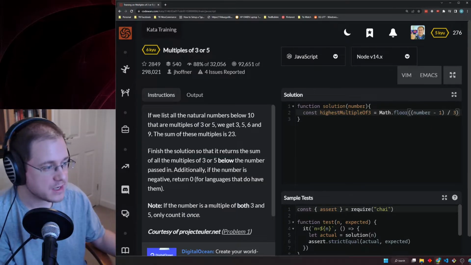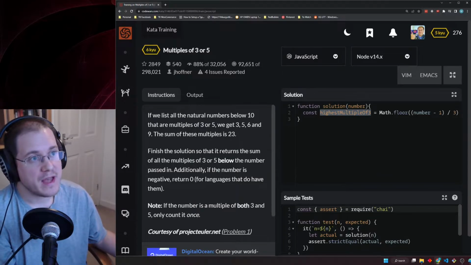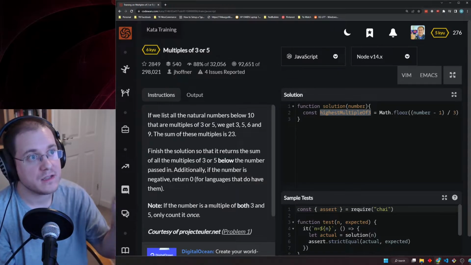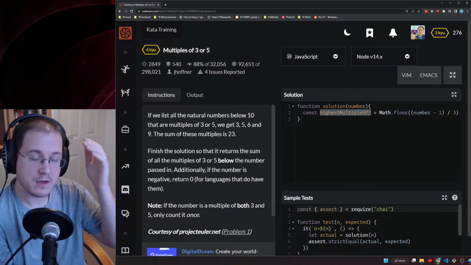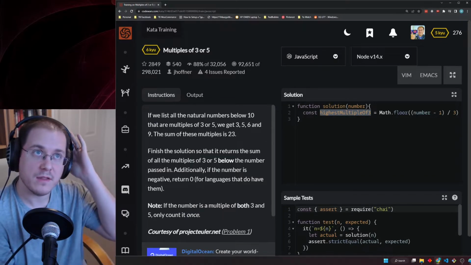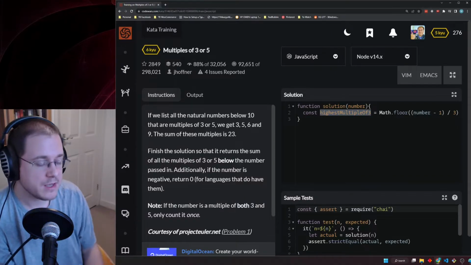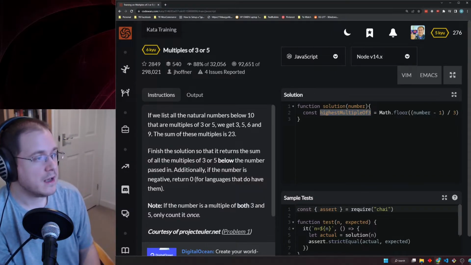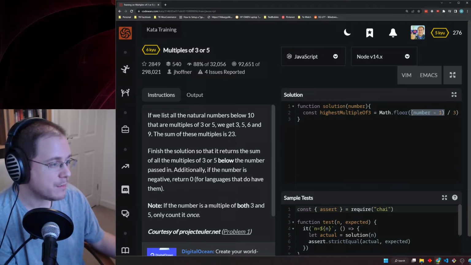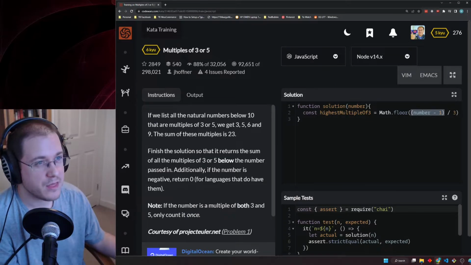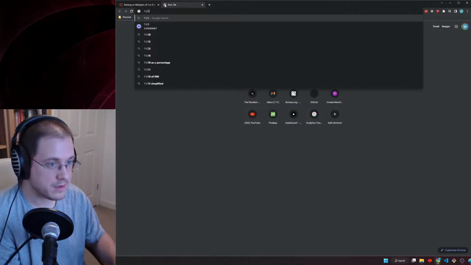So we can then use this highest multiple to get, really, the highest number in the triangle number sequence, actually, or its index in the series of the 3 times table. So let's just take 12 instead. 12 -1 would be 11. 11 divided by 3 would be something like 3.666, I think.